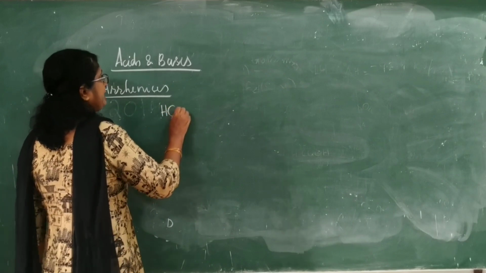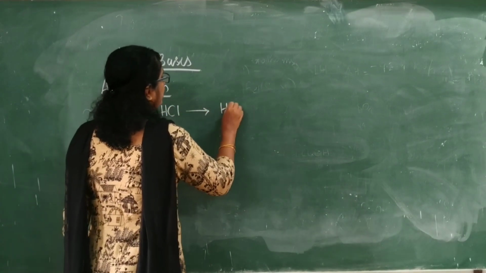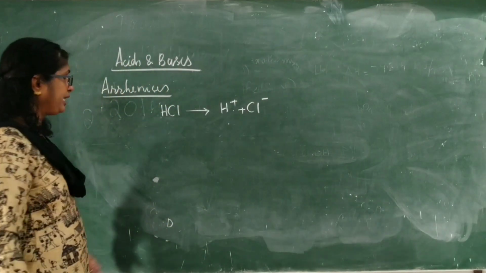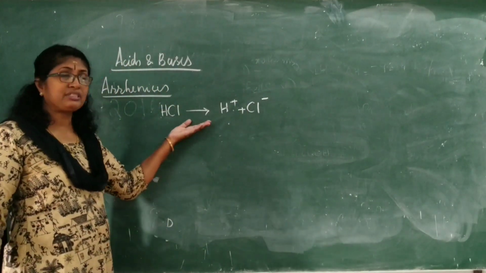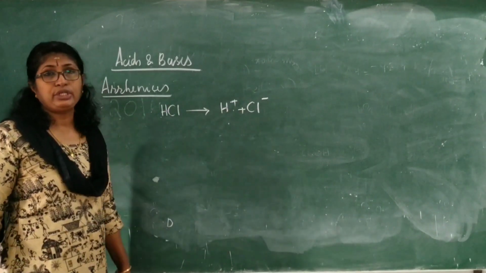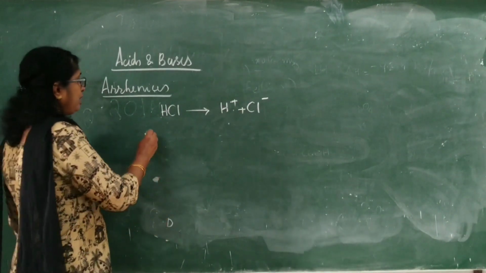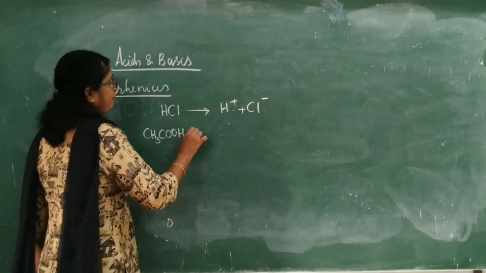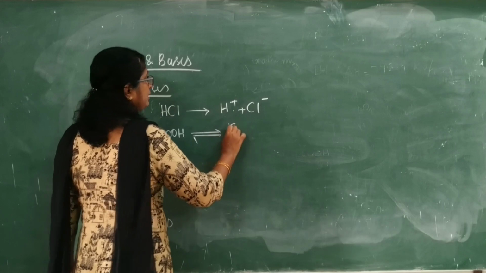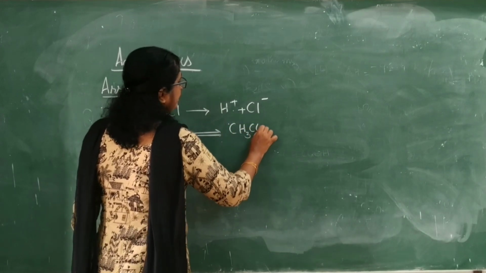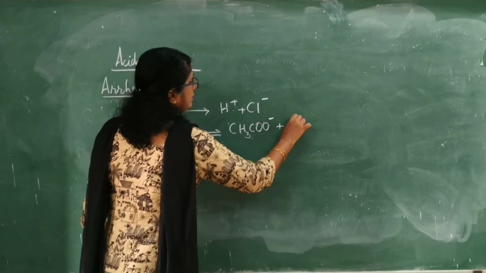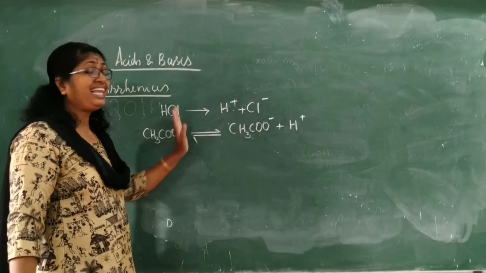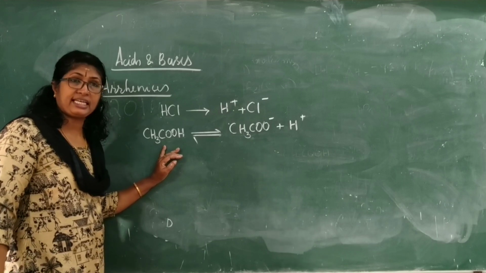For example, HCl will dissociate to give H+ and Cl-. For strong electrolytes we put an arrow like this because they completely dissociate to the corresponding ions. But for weak acids like CH3COOH, we put an equilibrium sign because in weak electrolytes the ions formed after ionization will be in equilibrium with the undissociated acid.